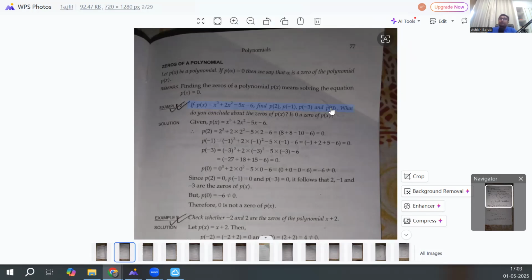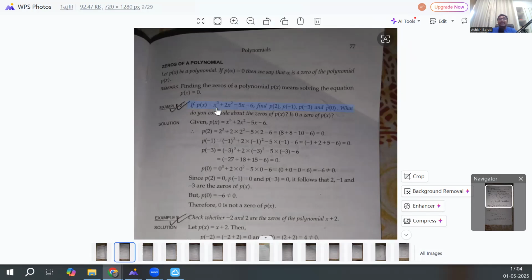If we put the value of x as 0, then it becomes p(0). Now, what is the meaning of p(2)? First of all, p(x) is x cubed plus 2x squared minus 5x minus 6. And p(2) means wherever x is there, we will place the value of x as 2. So p(2) becomes 2 cubed plus 2 times 2 squared minus 5 into 2 minus 6.